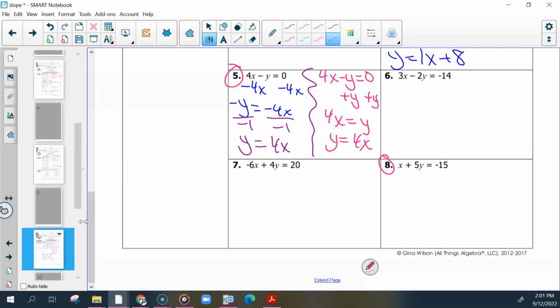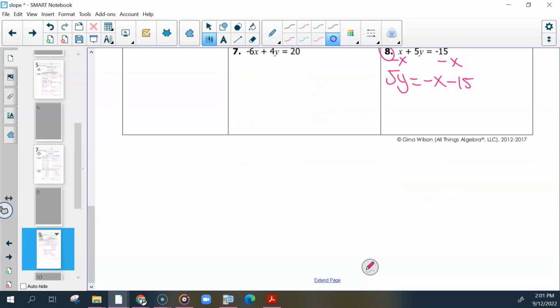And then 8 really fast. Move x over. And then I'm going to switch the order, so it's -x minus 15. Then divide everything by 5.